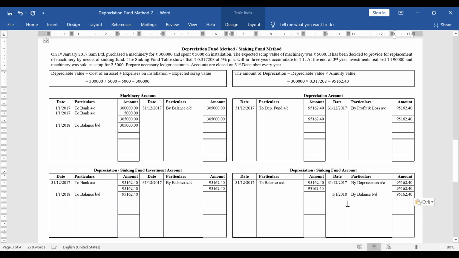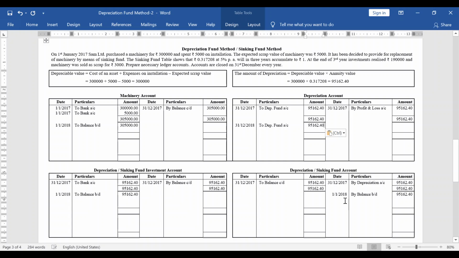Now coming to accounting entries for the year ending 31st December 2018. The first entry on 31st of December 2018 is for providing depreciation, and the entry for the same is depreciation account debit to depreciation fund account, and the amount is 95,162.40.